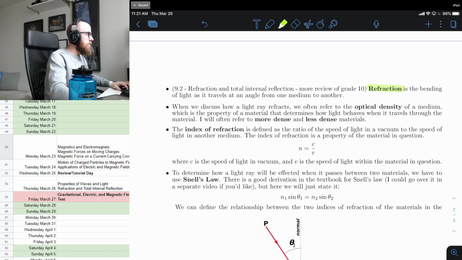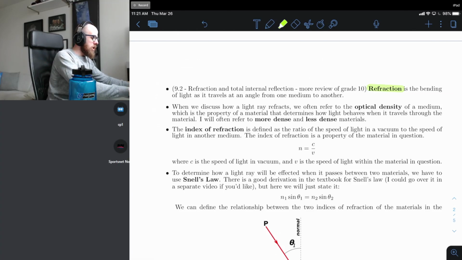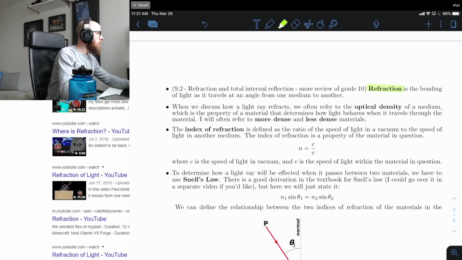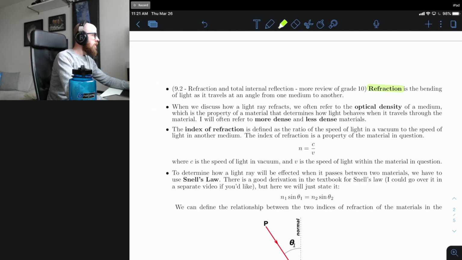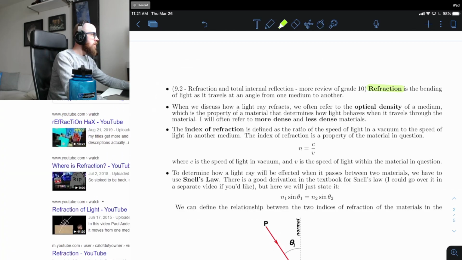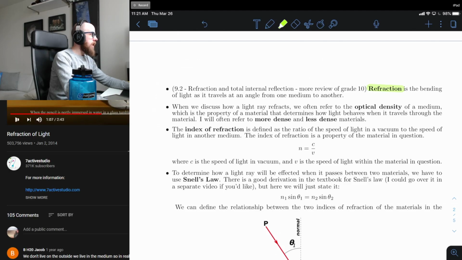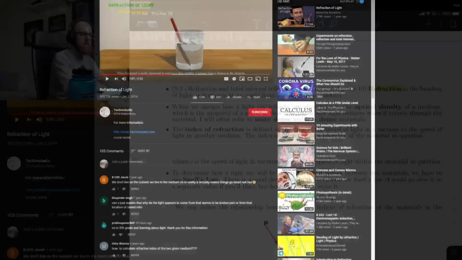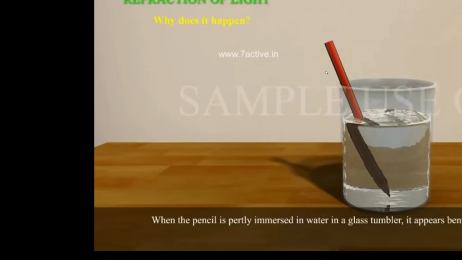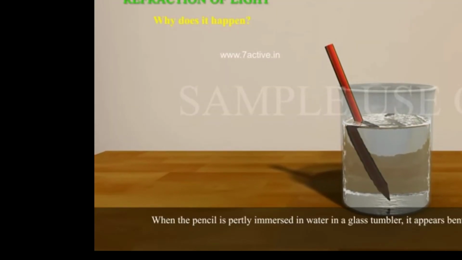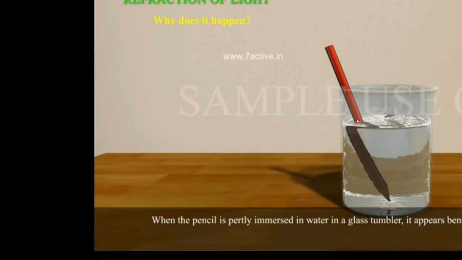Okay, let's see if I can find a good example of refraction. Like you would aim at a spot where the fish is not actually there, right? Yeah, so here's a better version of the same thing that I was showing with my water bottle, just a little bit cleaner. You can see that when the pen is put in the glass of water, it doesn't line up properly anymore, right?